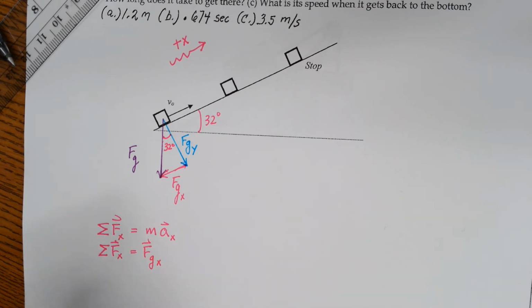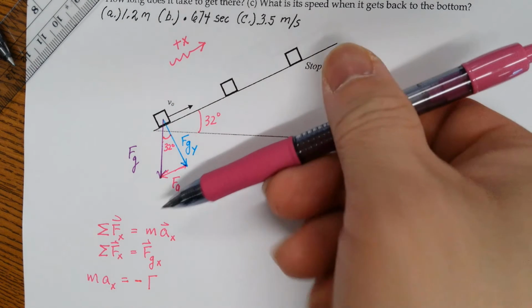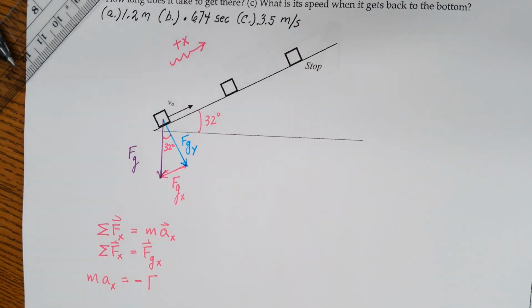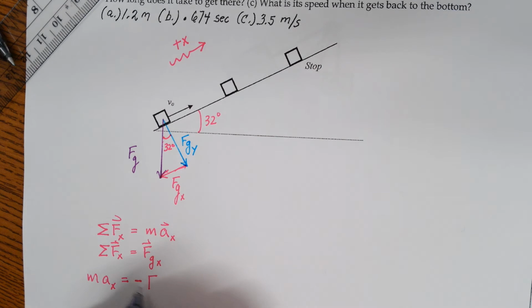So if I set them equal to each other, max is equal to FGX, which is going to be negative because it's pointing in the opposite direction of motion, which is going up. And we're going to consider the direction of motion to be positive. So negative FGX is what we have.